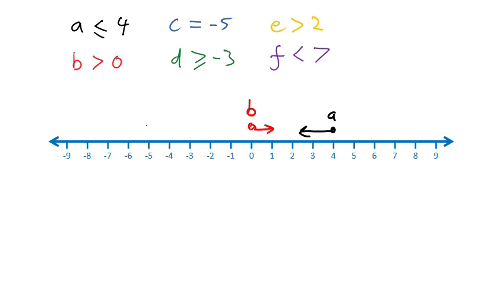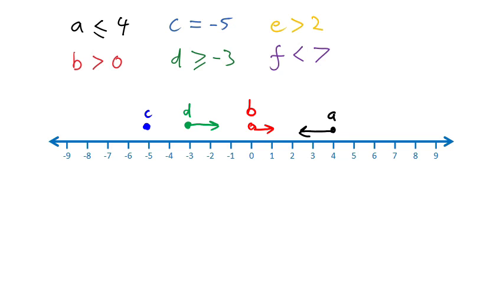So that's just C there. Do a solid circle for equals. And you can then do D. D, we're starting at -3. So we've got an equals, so we do a solid circle. And the arrow's pointing that way. And we can label that one D.